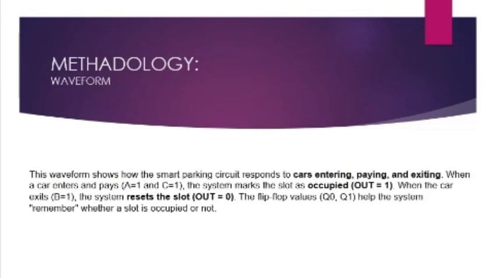This waveform shows how the smart parking circuit responds to a car entering, paying, and exiting. When a car enters and pays, A equals 1 and C equals 1, the system marks the slot as occupied, out equals 1. When the car exits, B equals 1, the system resets the slot, out equals 0. The flip-flop values Q0 and Q1 help the system remember whether a slot is occupied or not.